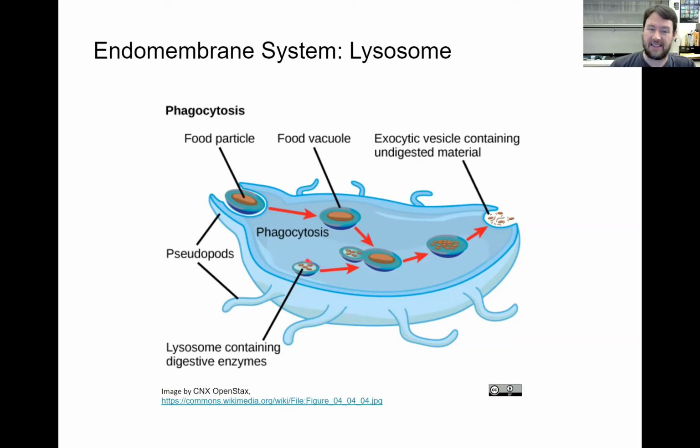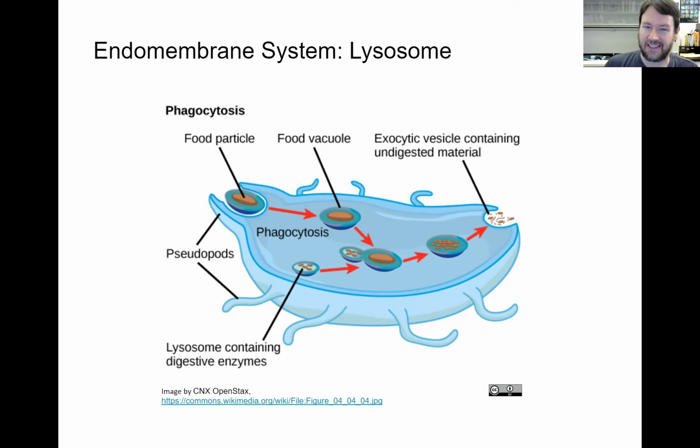So what lysosomes do, let's say that's a cell that engulfs food particles or bacteria, that gets engulfed, and the lysosome can meet up with that and combine its digestive enzymes, and it just breaks down its food into the component monomers. So it breaks down the proteins and polysaccharides and lipids into smaller bits that the cell can actually use.